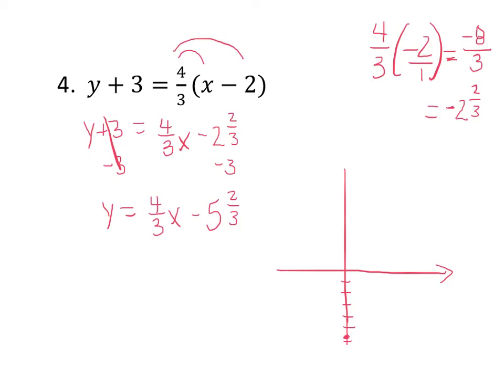And then we're going to rise 4 and run 3 because this is our slope. So we're going to rise 4, so 1, 2, 3, 4, and run 1, 2, 3. So that would be approximately right here. We're just sketching, and you go ahead and connect your dots, and there is your line.